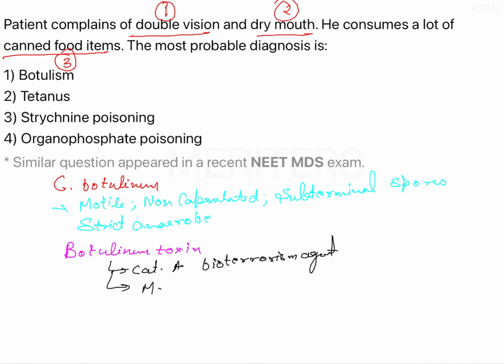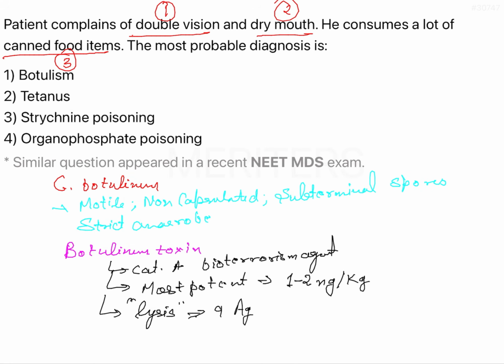It is the most potent toxin, and if we see the minimum lethal dose of this toxin, it is as little as 1 to 2 nanogram per kg. That is why it is the most potent toxin. It generally releases on the lysis of bacteria and it is not secreted by bacteria. So remember, it is released on the lysis of bacteria.